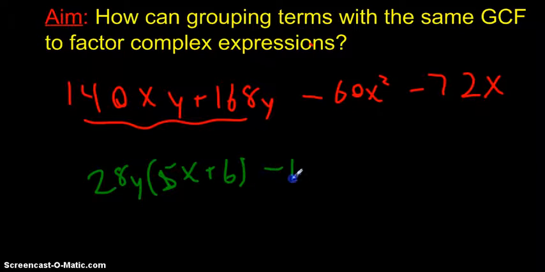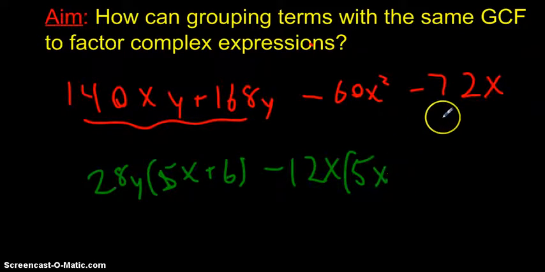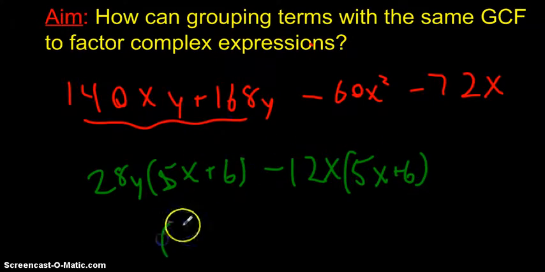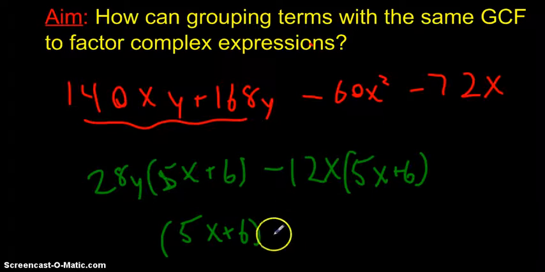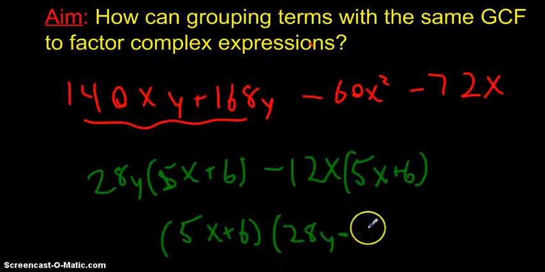Matter of fact, in this case it would be negative 12. X goes in here 5 times, with x left over, and goes in here 6 times. Look, common polynomial factor. So one of them is 5x plus 6. The other one is what's left over, which is 28y minus 12x.